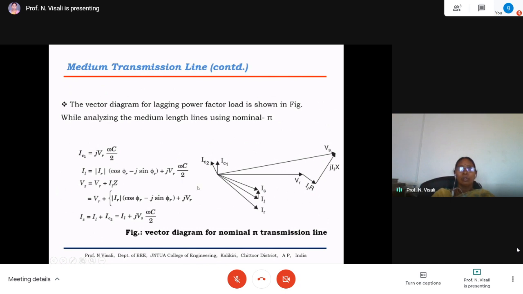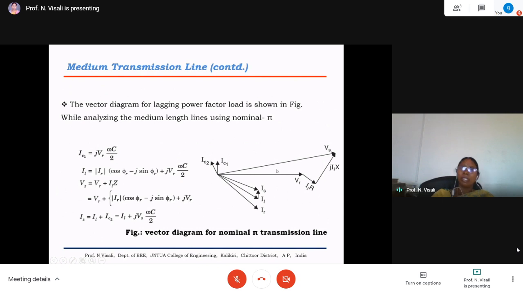So we can take it here. Initially we take that IR is the reference. Then VR leads the current by phi r with respect to IR. Then the drop across the resistance is in phase with the IR, and similarly the drop across the reactance will be perpendicular to that.